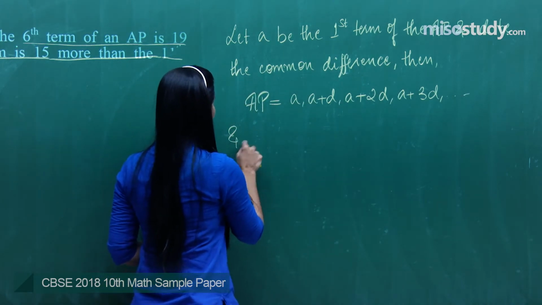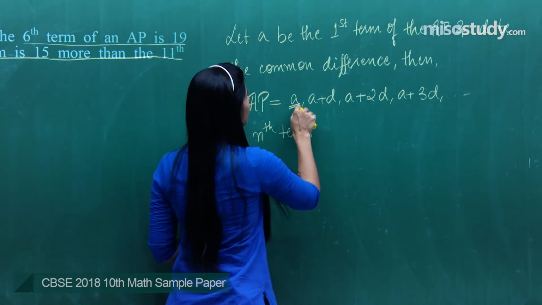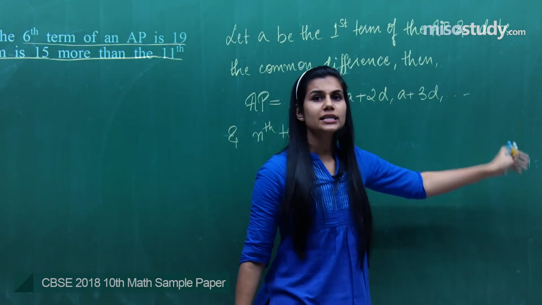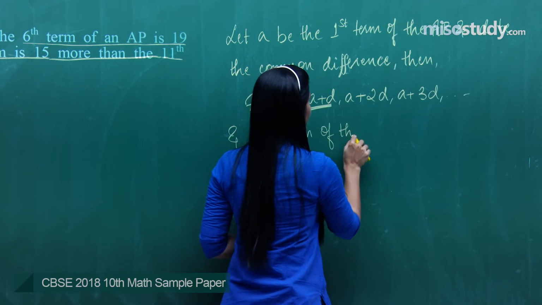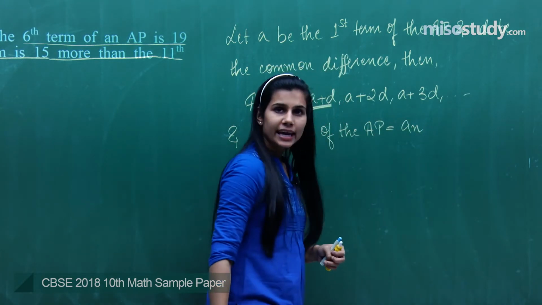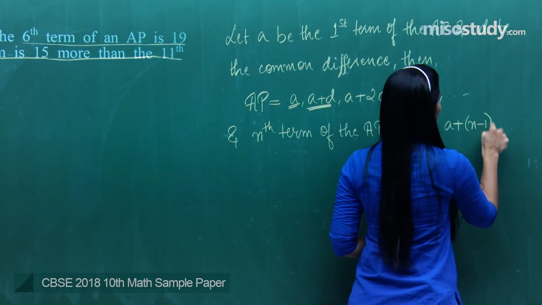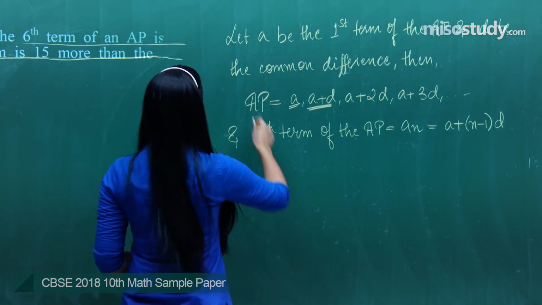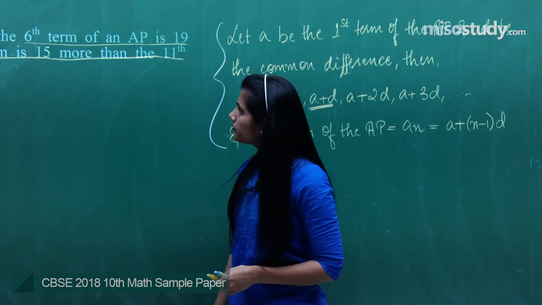That is what your AP is. And the nth term of this AP: the first term is A, the second term is A plus D. In general, how does the nth term look like? The nth term of the AP is represented as AN, and this is equal to A plus N minus 1 into D. Once these things are understood, let's interpret the question.